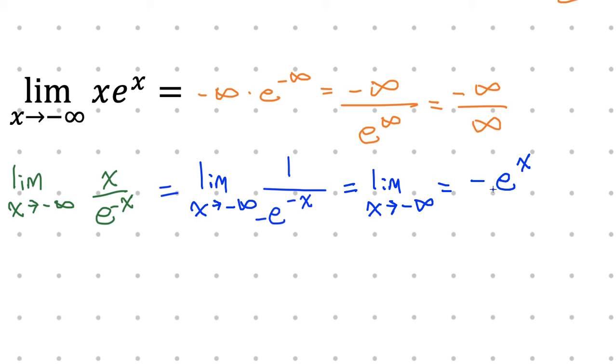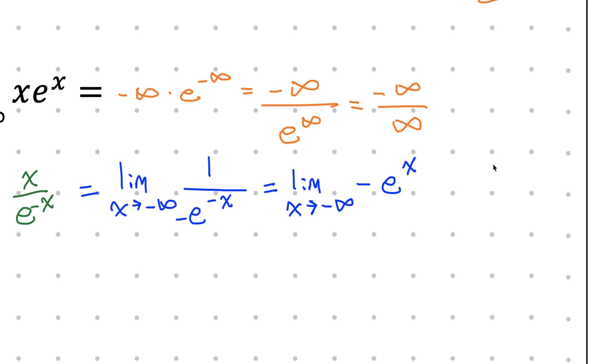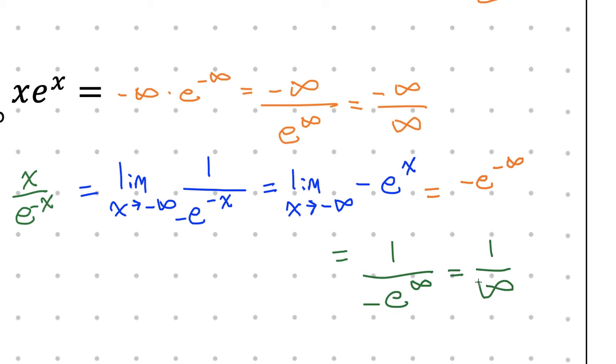Now I can plug in negative infinity. It's not really plugging in, but this is how you think of it. So this is negative e to the negative infinity, which is equal to negative 1 over negative e to the positive infinity, which is equal to 1 over infinity, which is 0.